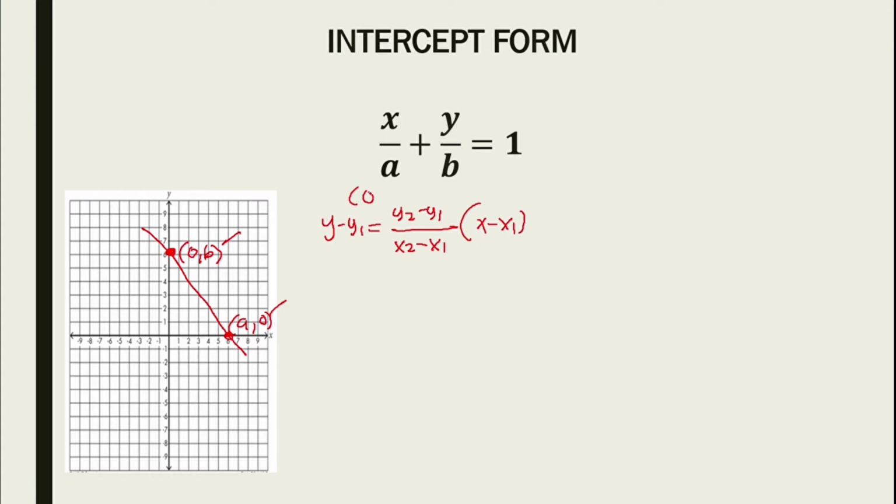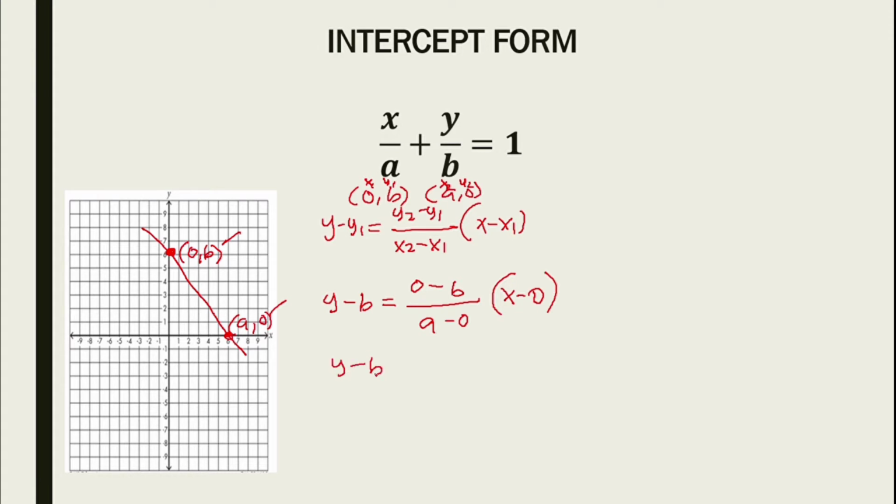So the points here are 0b and a0. Let us name these x sub 1, y sub 1, x sub 2, y sub 2. So y minus y sub 1, which is b, is equal to y sub 2, which is 0, minus b over a minus 0 times x minus 0.